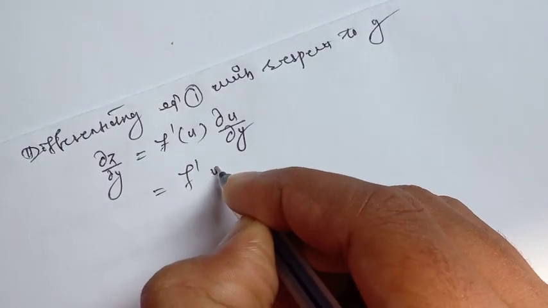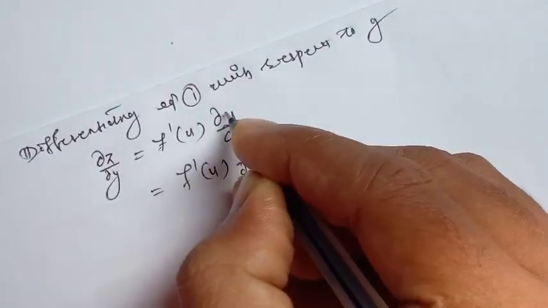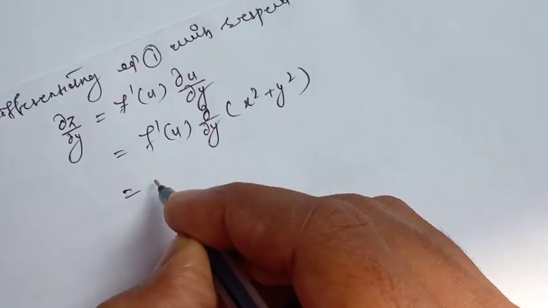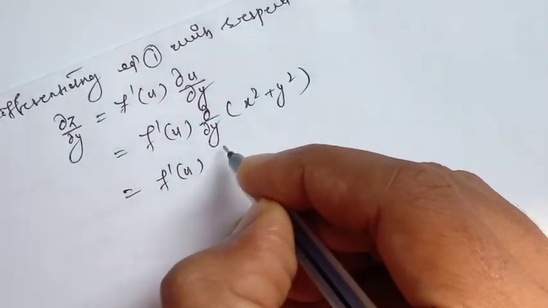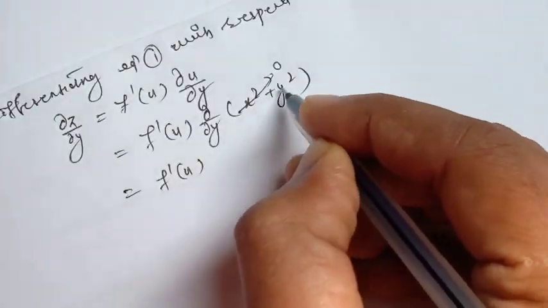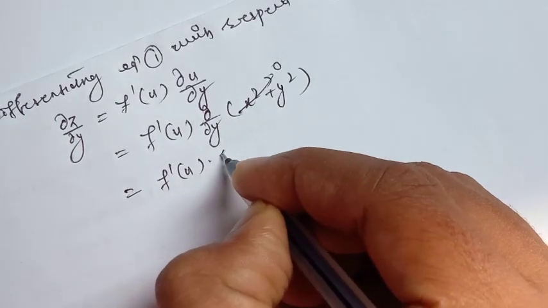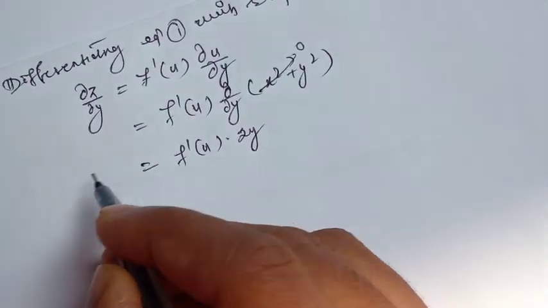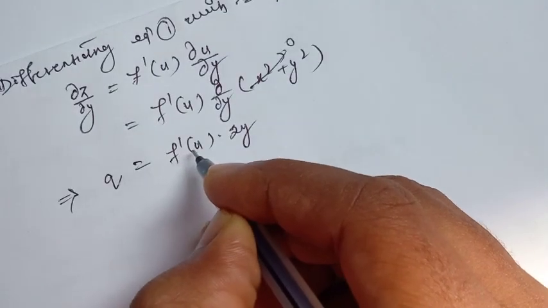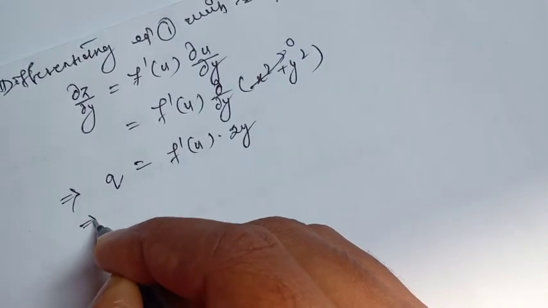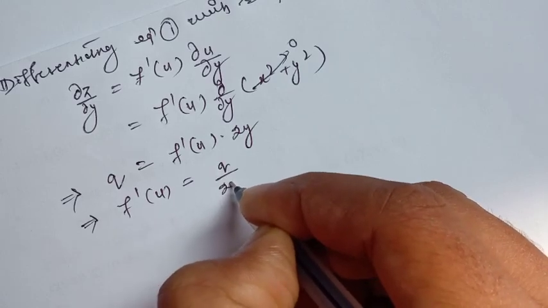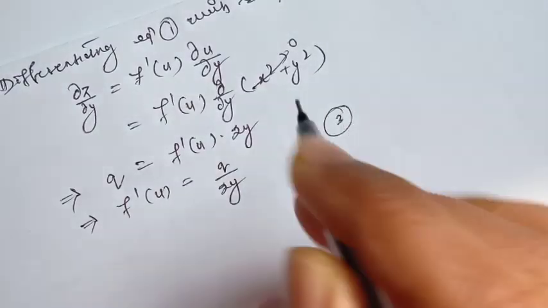This is equal to f dash u, and d by dy of x square plus y square, where the x part will be 0 and the y part will be 2y. So that implies q is equal to f dash u into 2y, so f dash u is equal to q by 2y, and this is equation number 3.